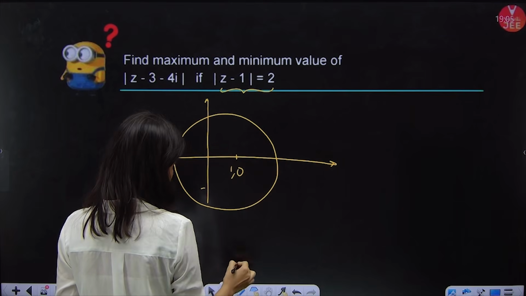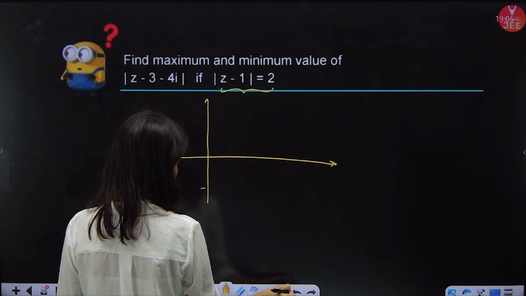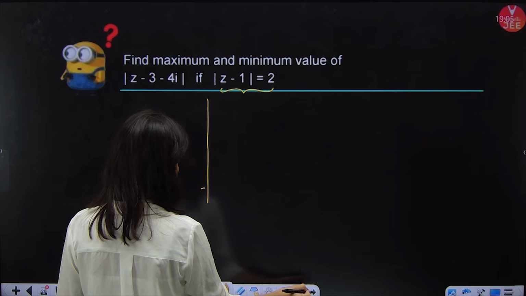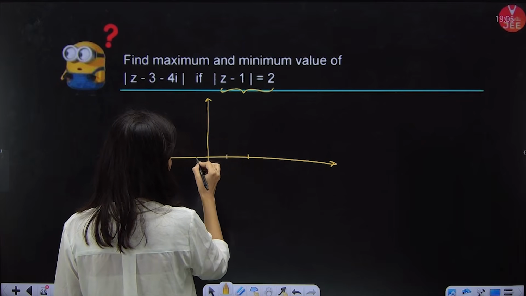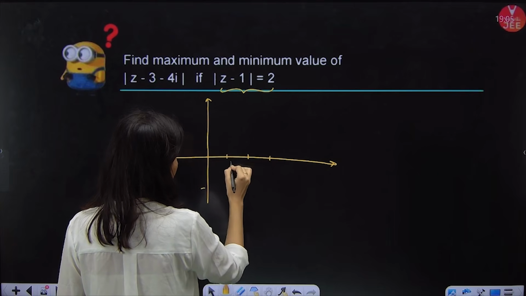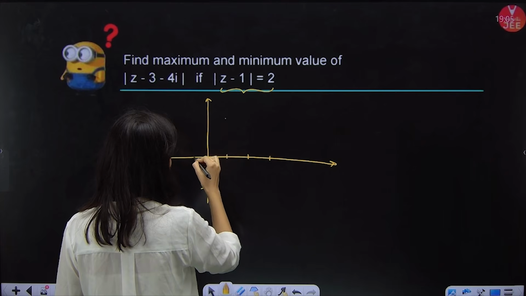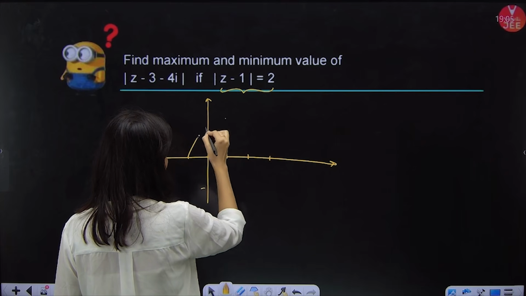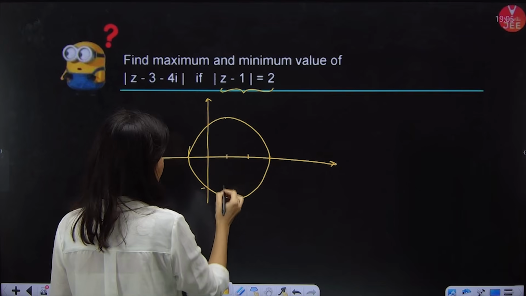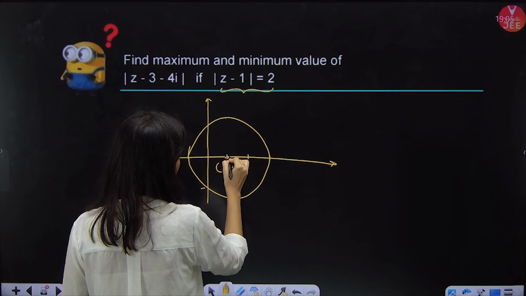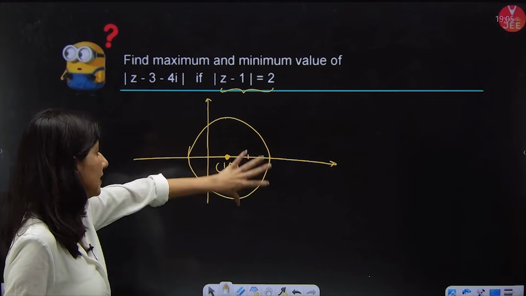So 1, 0 is the center and the radius is 2. So now z lies on this circle.